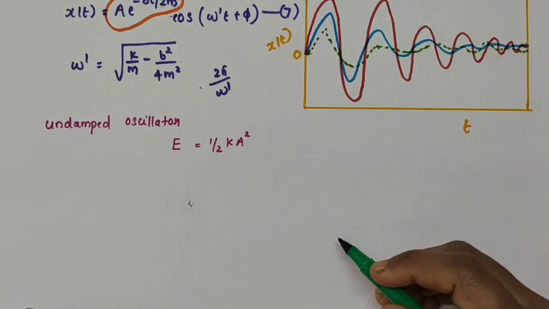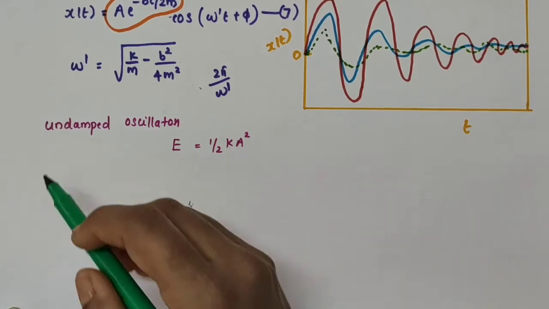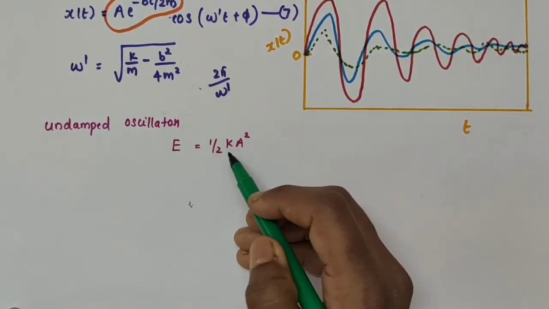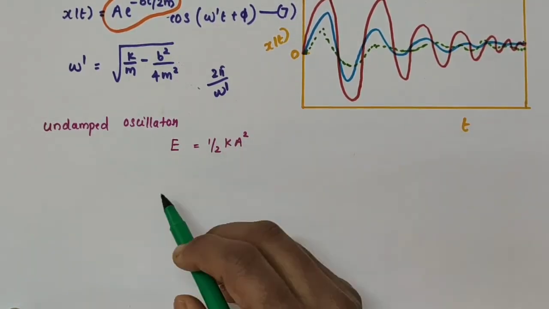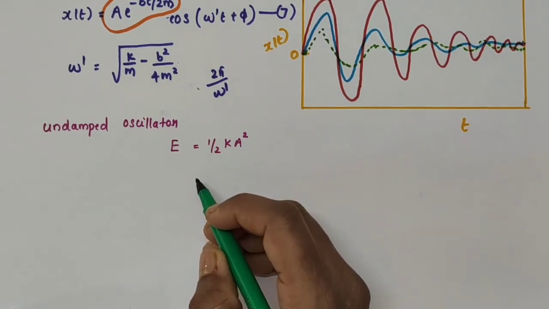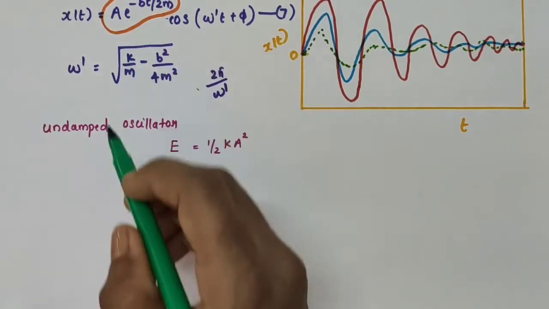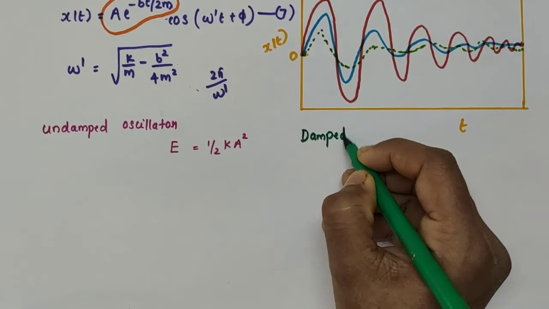When we discussed the undamped oscillator, that is, the energy in simple harmonic motion, we got the mechanical energy as half k A square. I hope you remember this, otherwise I will provide the link in the description box. For a damped oscillator, the amplitude A e raised to minus bt by 2m is actually not a constant.